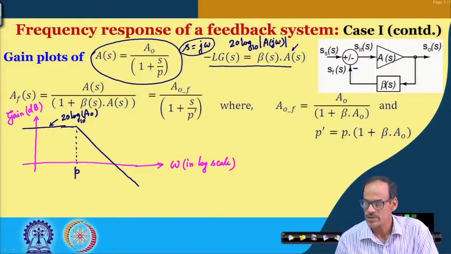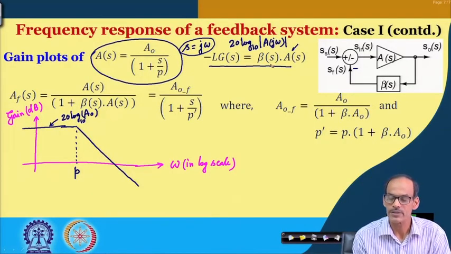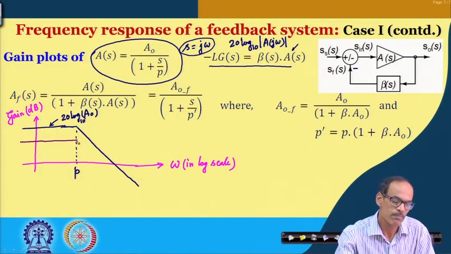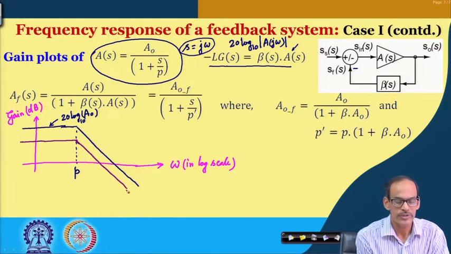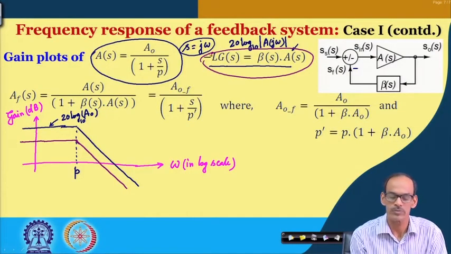So, if I sketch the loop gain here, beta is less than 1, which is of course the typical case, and it has the same pole, and then a roll off of 20 dB per decade. So, this is the magnitude of the loop gain.